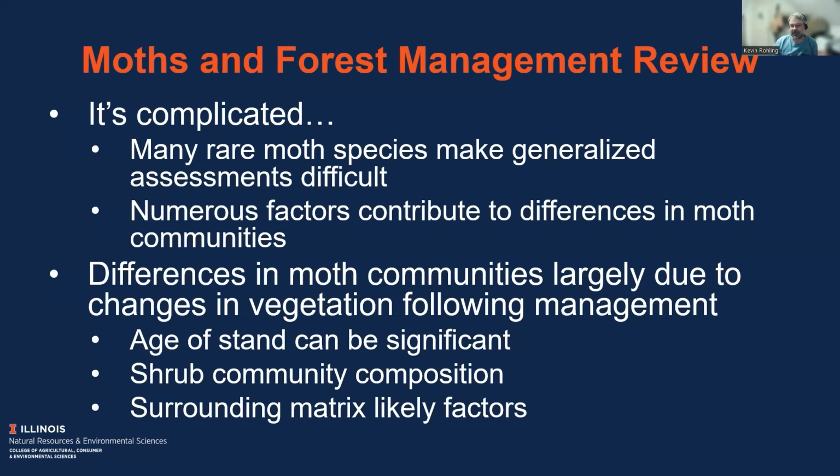Whereas if you had just an isolated stand in the middle of a cornfield, and that stand had significant management done, that could have a greater influence on the overall community of moths than if you had a matrix that was more like the forest stand to begin with.